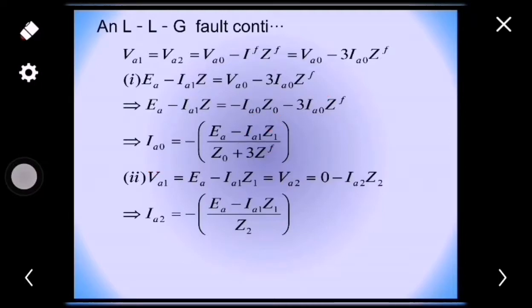Similarly, use VA2 and take IA2 on the other side. It means express IA2 in terms of IA1. Now use these two equations, IA0 in terms of IA1 and IA2 in terms of IA1, in the basic equation of the boundary condition. Suppose this is equation number 8 and this is equation number 9.